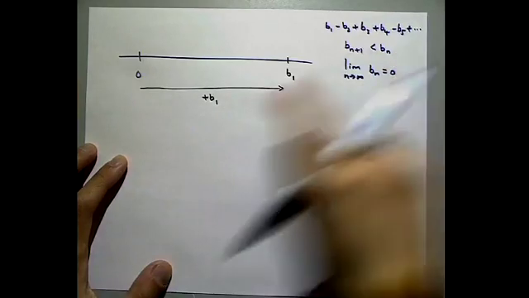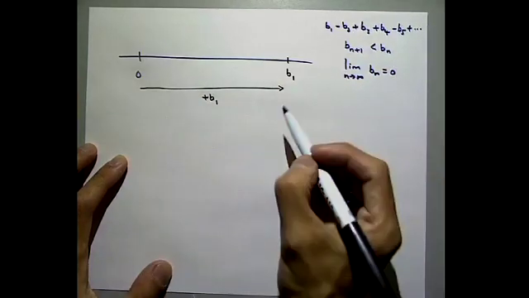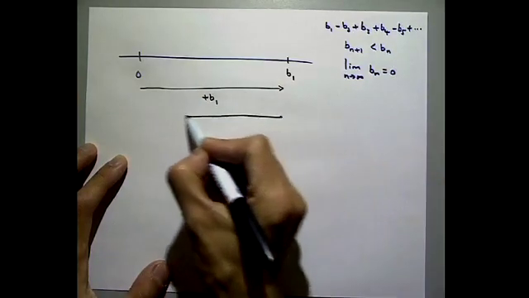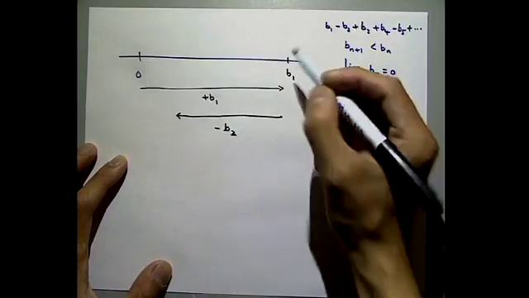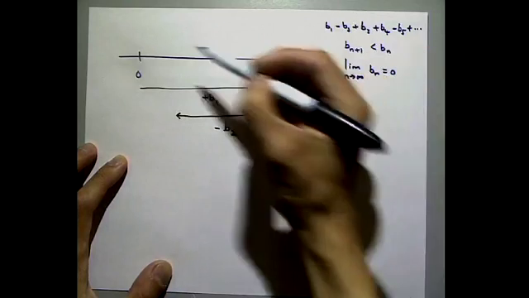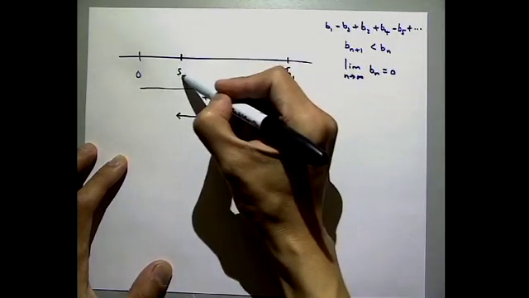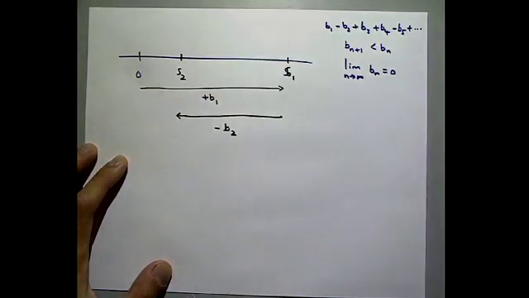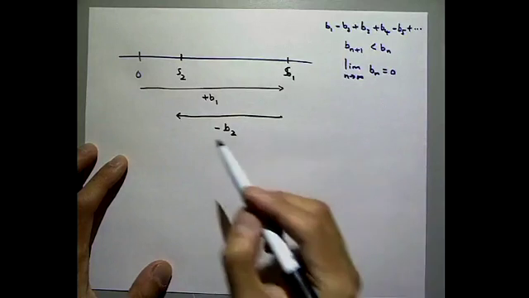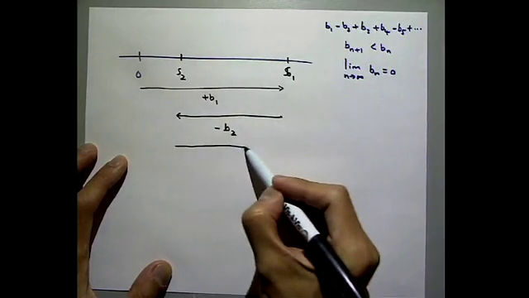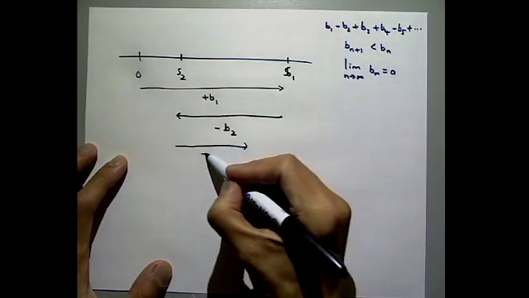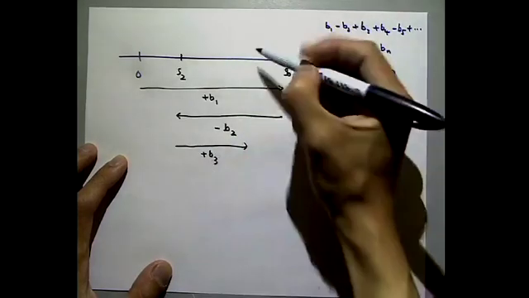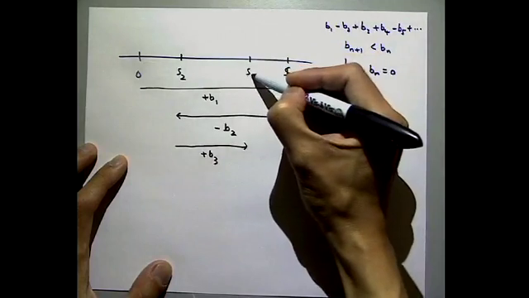Also, b2 is smaller than b1, so let's say b2 puts me over here. Here's my second partial sum, right? And then I have b3 going forward, but also smaller than b2. So here's my third partial sum.